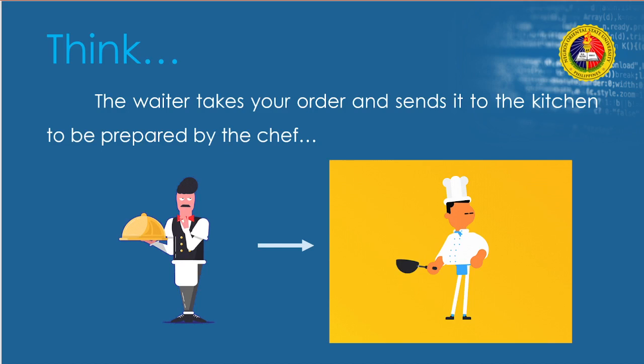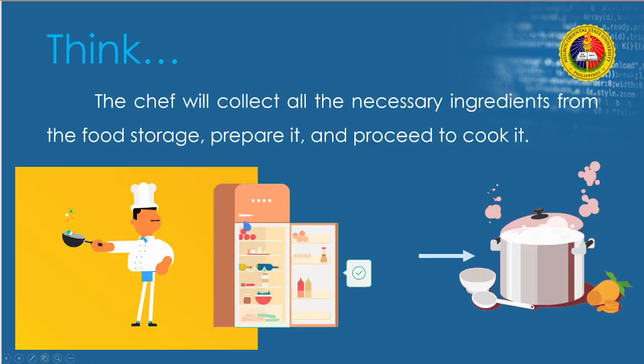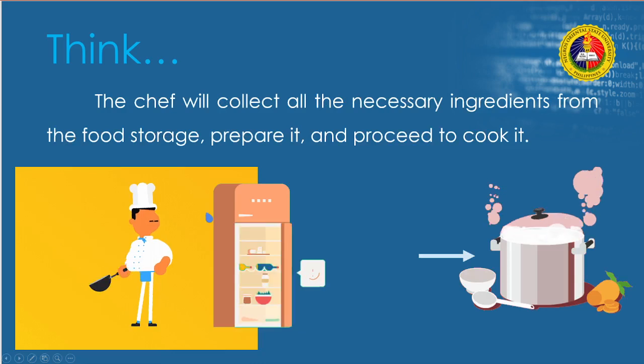And once the chef gets the order, the chef will collect all the necessary ingredients from the food storage. Let's say from the ref, he gets all the necessary ingredients, prepares them, and then proceeds to cook it. Alright? So once the food is ready, the waiter gets it from the kitchen and serves it to you.